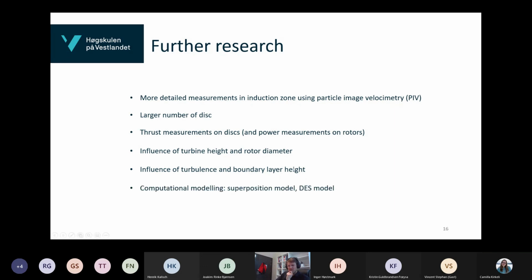And also, as I already mentioned, we want to use this for developing flow superposition models and also create a digital twin in CFD, which is supporting those measurements.